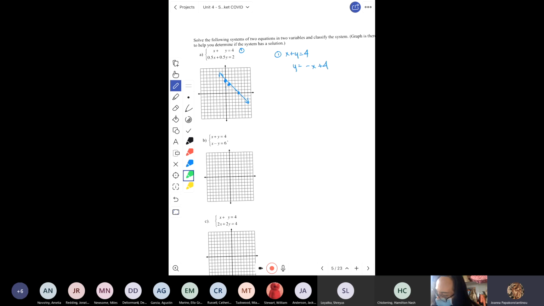Multiply by 2? Okay. So if I multiply the second equation by 2, right, that's what you're saying, then my new second equation is going to be what? Are we multiplying by positive or negative 2?